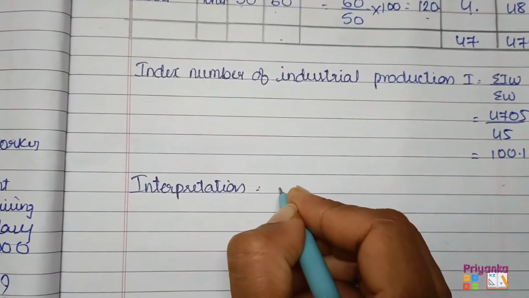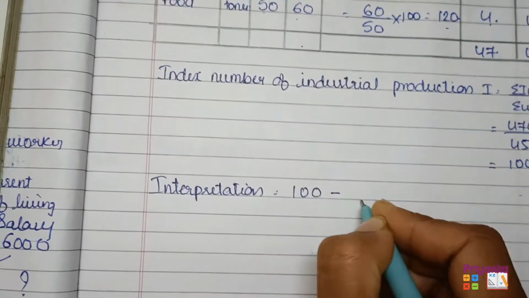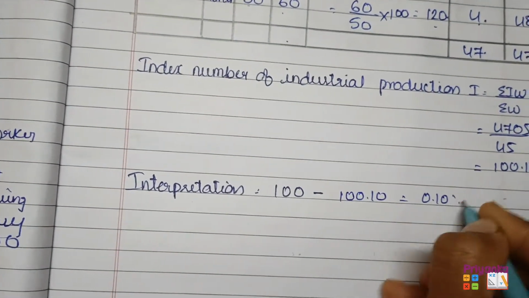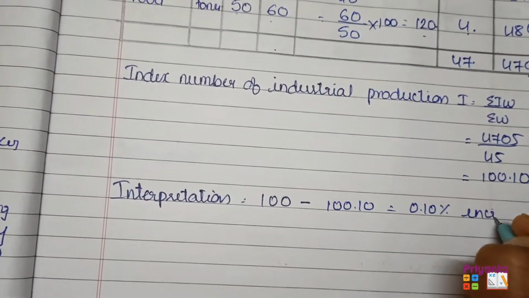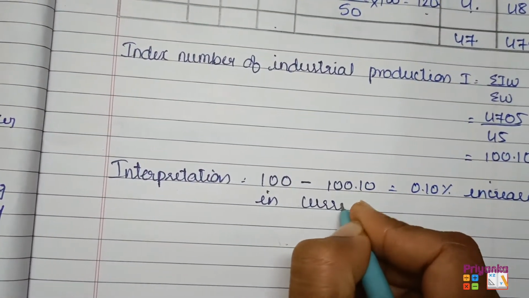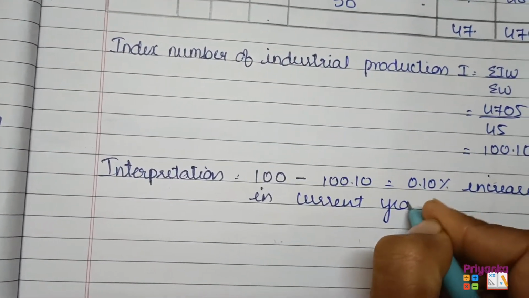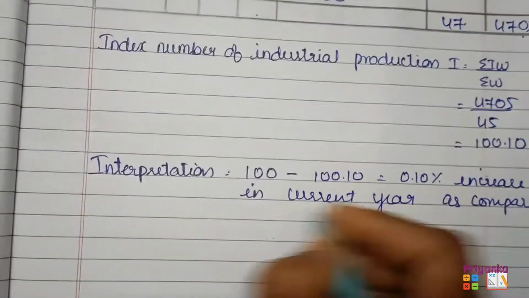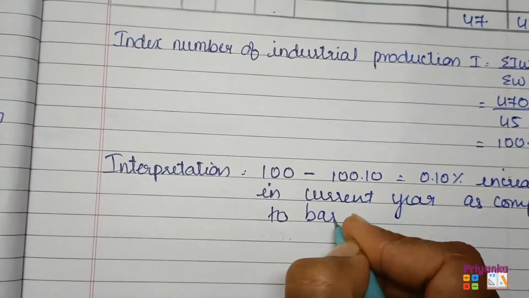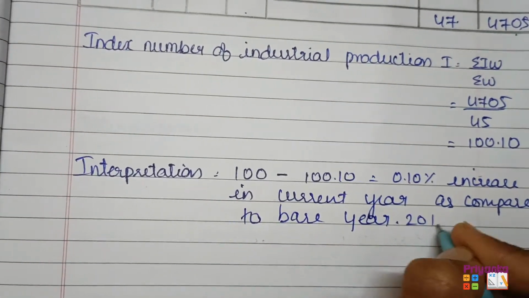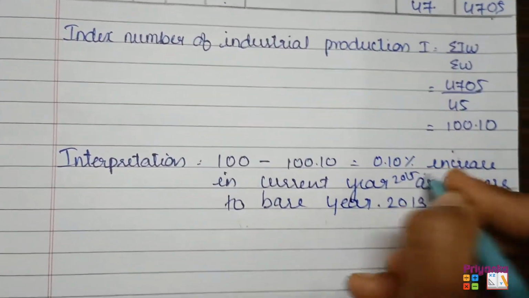For the interpretation, take 100 minus 100.10, will get 0.10% increase in current year as compared to base year. That is 2013, and the current year was 2015.